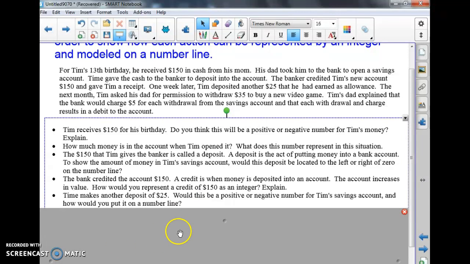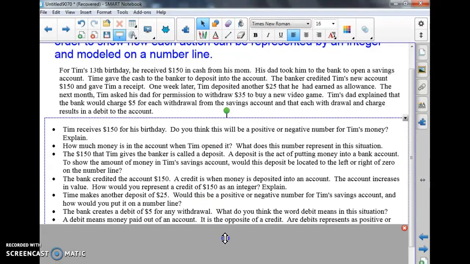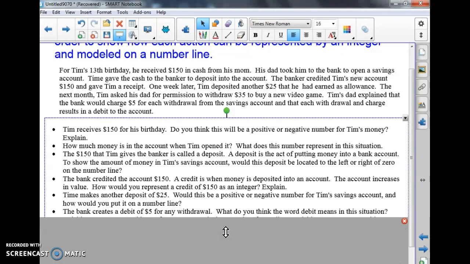So again, since it's a deposit, he's placing it in his bank account, it would be a positive integer, 25. So putting it on the number line means that it would be to the right of 0. It's greater than 0.